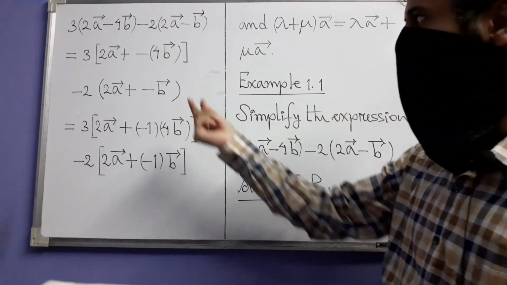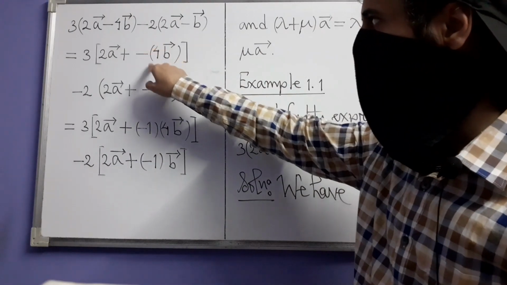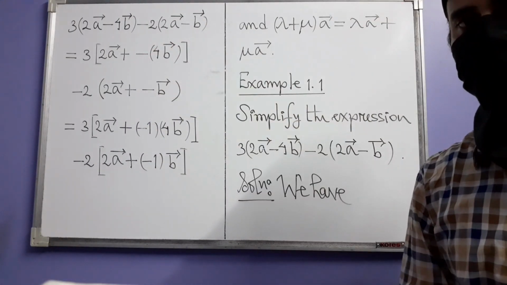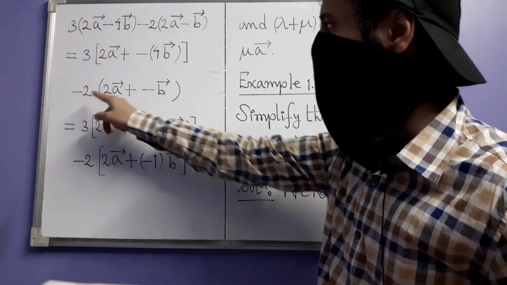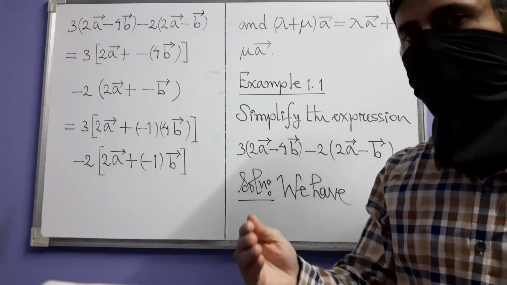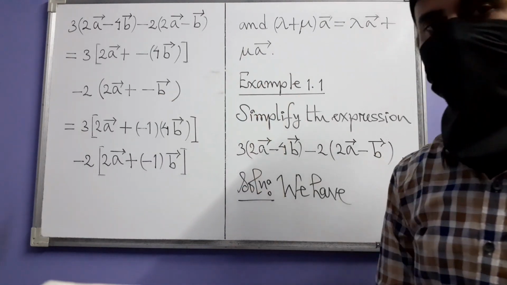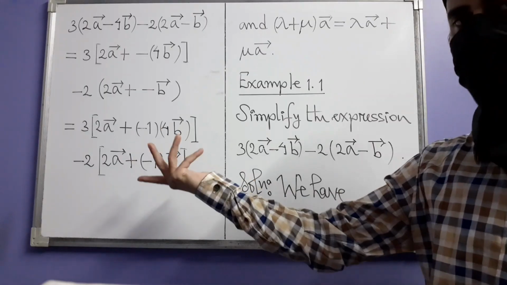Minus 4b is the negative of the vector 4b. So I have used brackets here as well. Just like that, here we have minus 2 times 2a minus b, which is the sum of 2a and minus b. Actually I should have used another set of brackets, but you do understand.